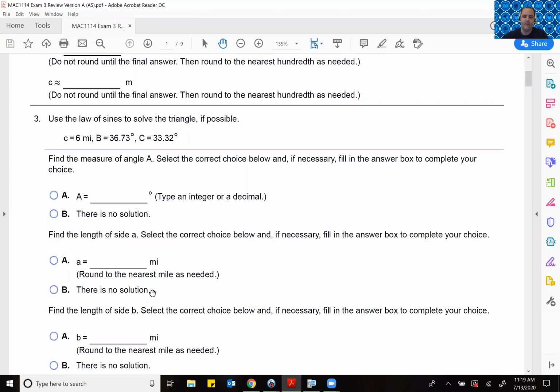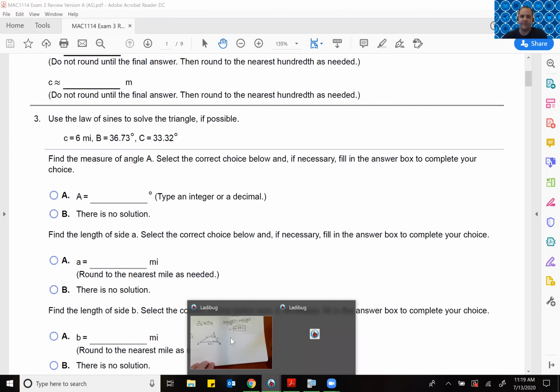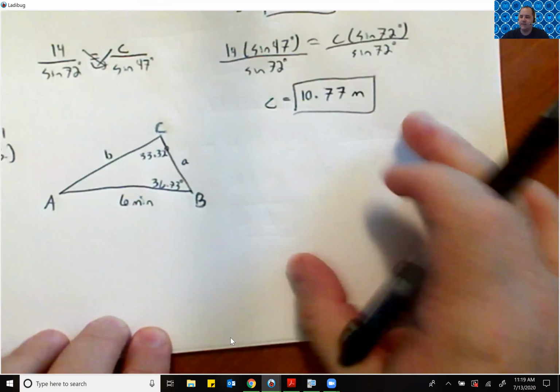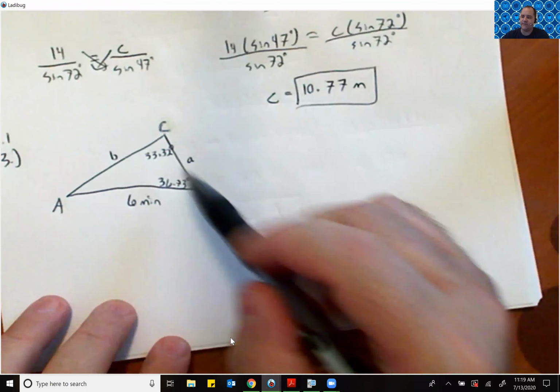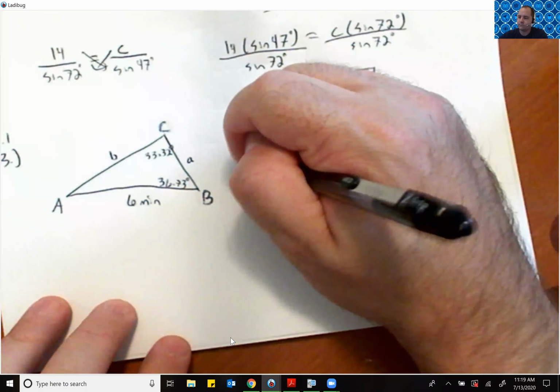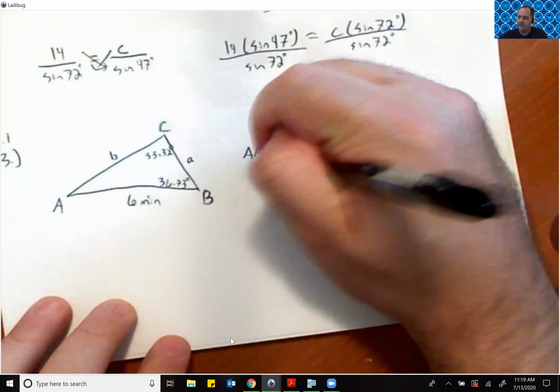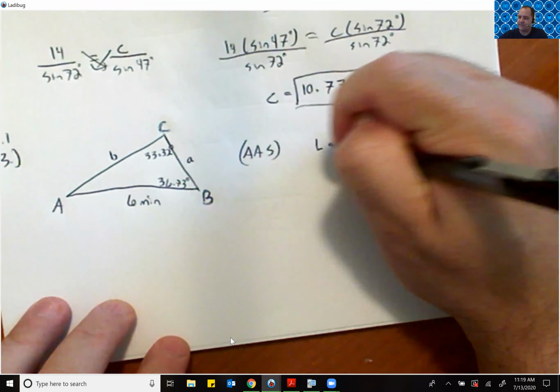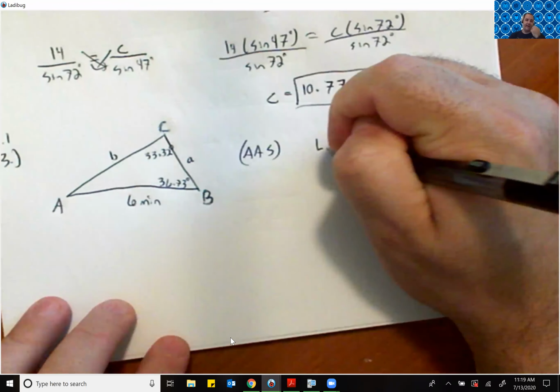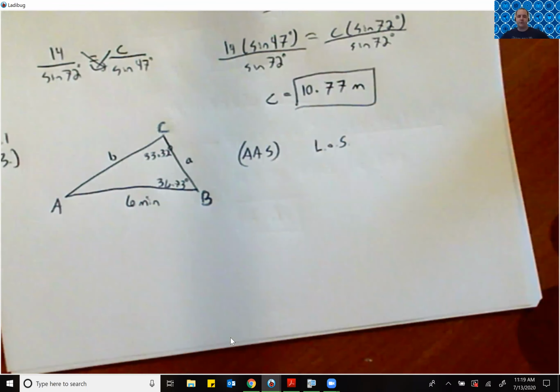All right. So I've got a picture because I always like to have a picture. So if we look at this, this is actually the angle side case. And again, that is law of sines. It's not the ambiguous case, so we don't have to worry about double triangles or anything like that.